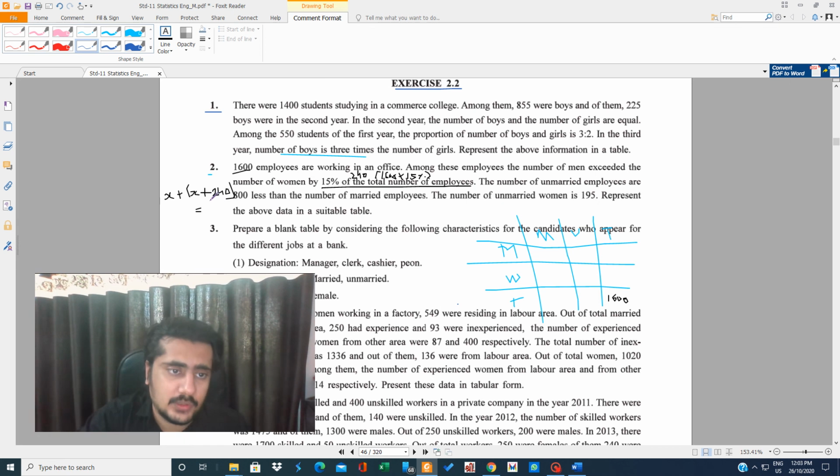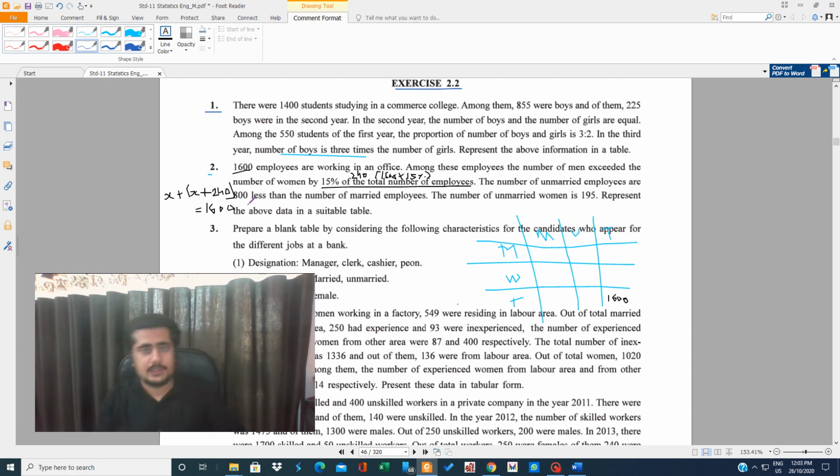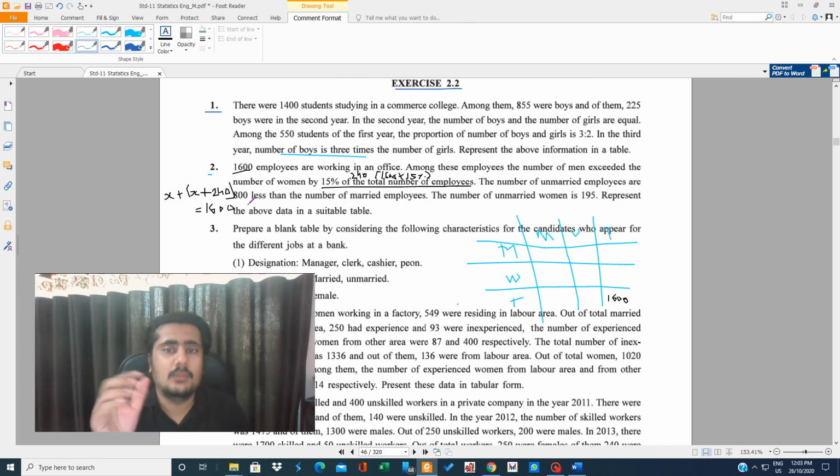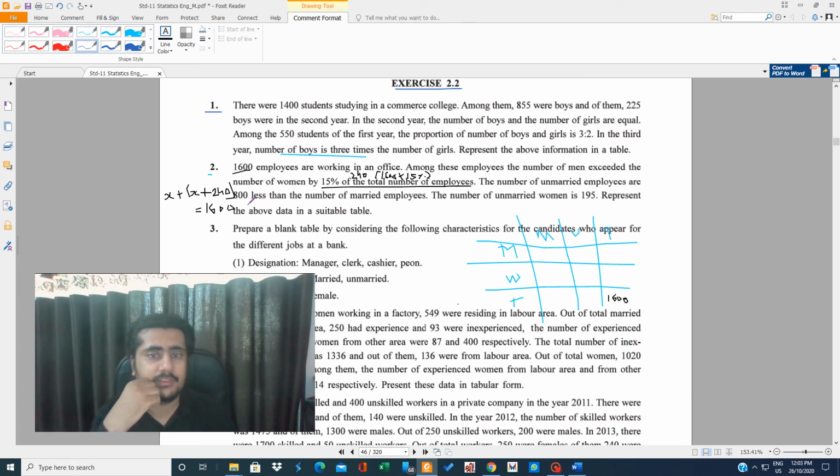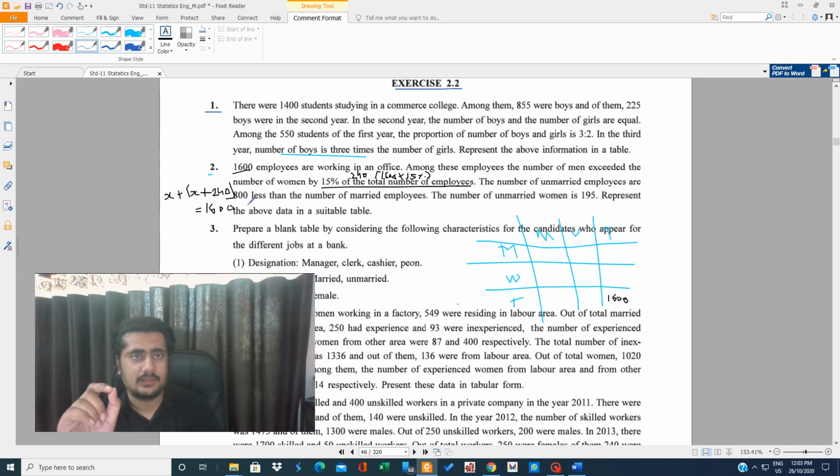And men and women combined form the total number of employees. So you got my point? This was the main point to start with in the question. So women is X, men is X plus 240, and the total is 1600.